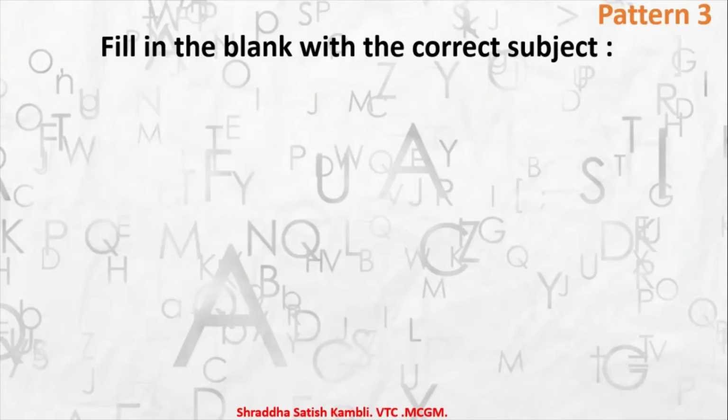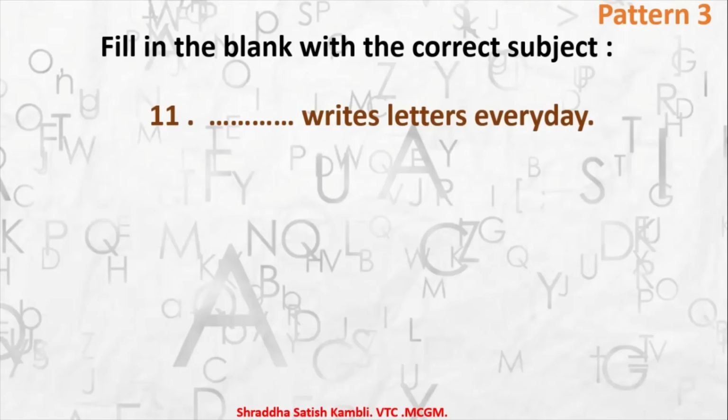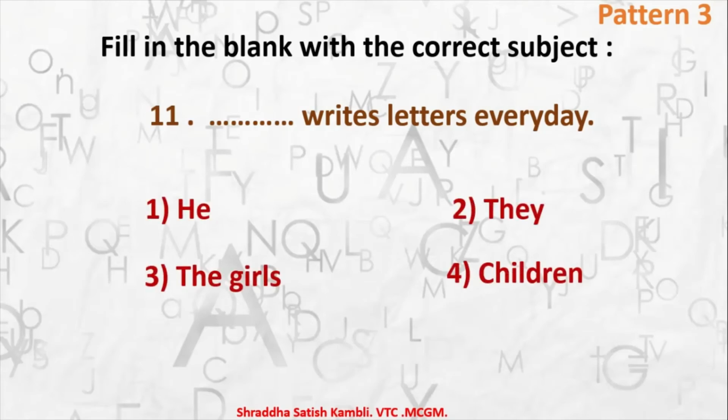Let's move on and do pattern 3, where we have to do some simple fill in the blank exercises. Fill in the blank with the correct subject. Here is the sentence for you and here is the blank. Dash writes letters every day. What will become the subject? Will you say, he writes letters every day? They writes letters every day? The girls writes letters every day?